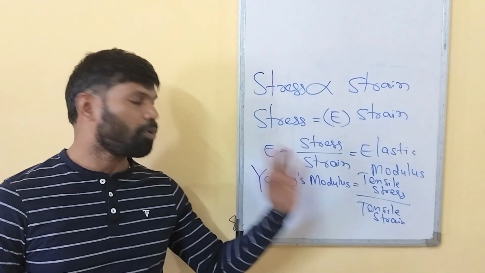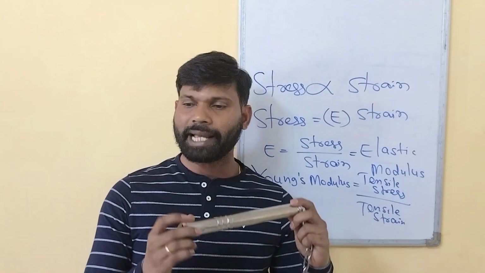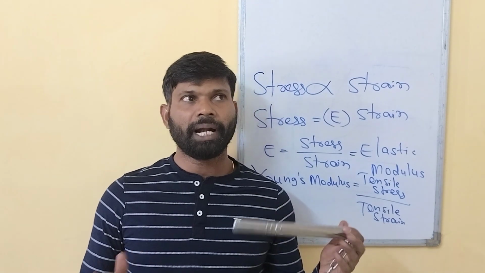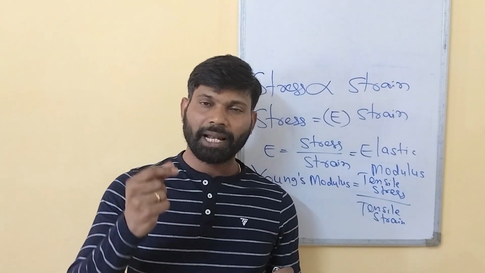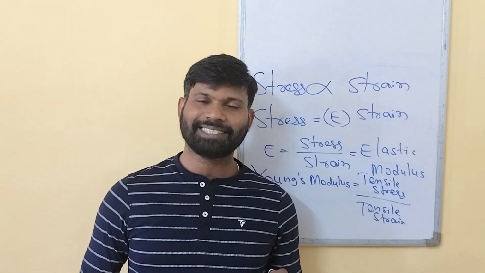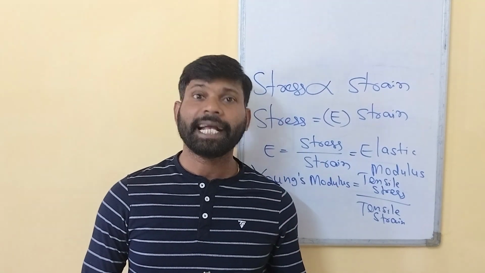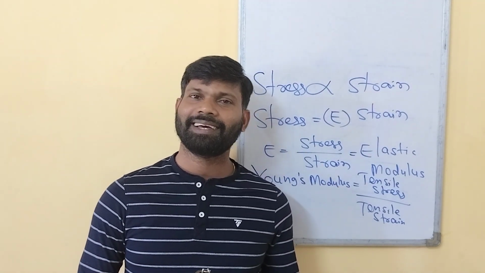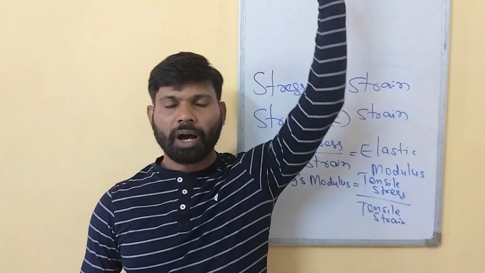Actually, this Young's modulus is useful for lengthy objects, like to construct a building. We will first build the pillars. In the pillar they will use iron bars, so they will first find out what is the Young's modulus of that material. It should be enough to hold a huge weight.